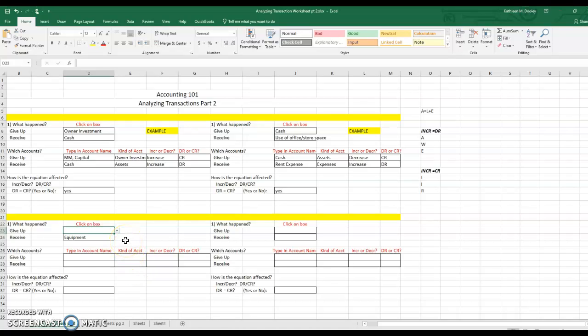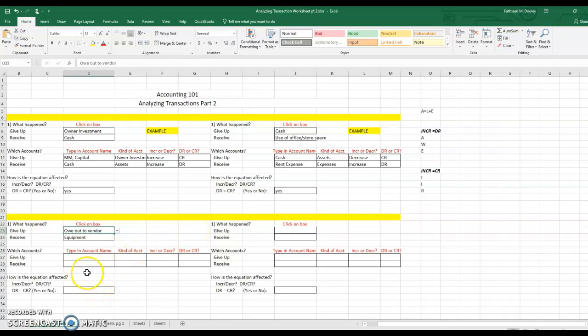They bought the equipment on account, which means they're going to pay for it later. So what are we giving up today? Today we're giving up this fact that this obligation is sitting on our shoulders that we're going to have to pay in the future. Okay?